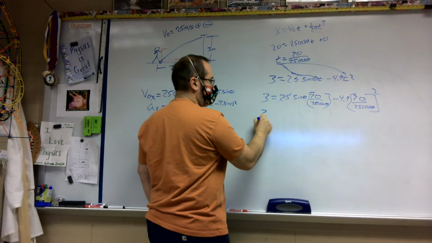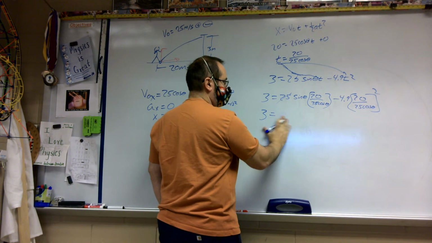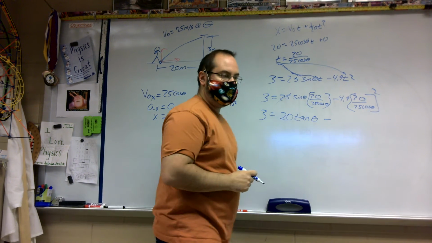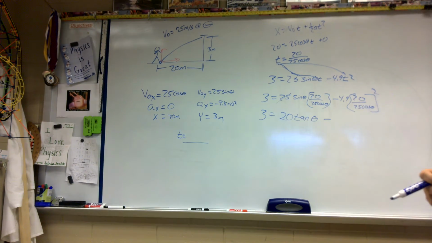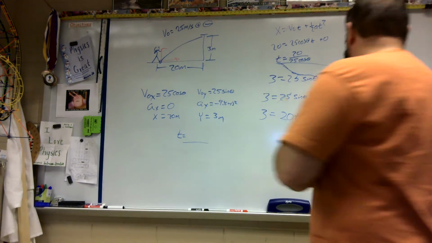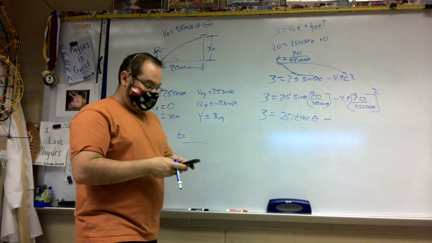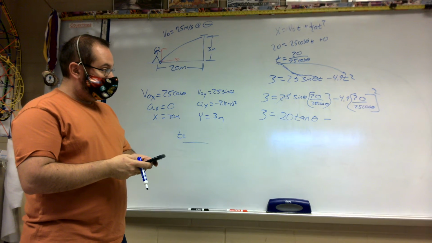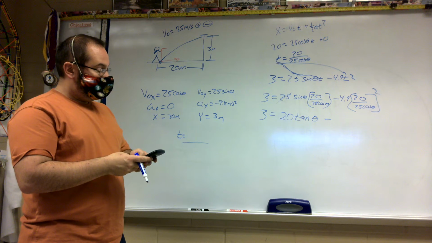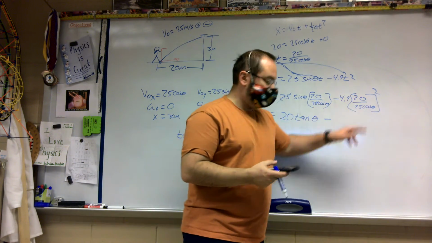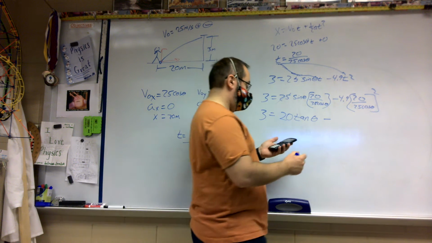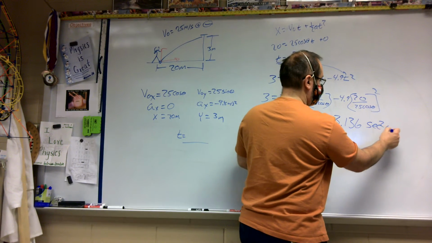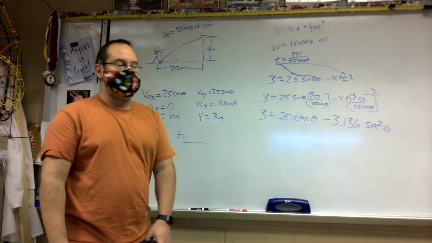Sine over cosine is tangent. So 3 is equal to 20 tangent theta minus, now we get our calculators out, 4.9 times 20 squared divided by 25 squared. Make sure you remember to square both values. And we end up with 3.136 times secant squared theta. 1 over cosine squared is secant squared.